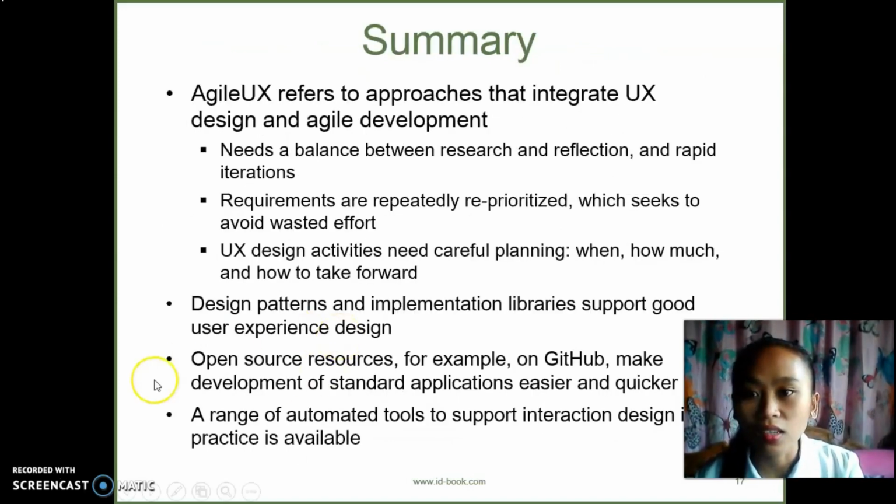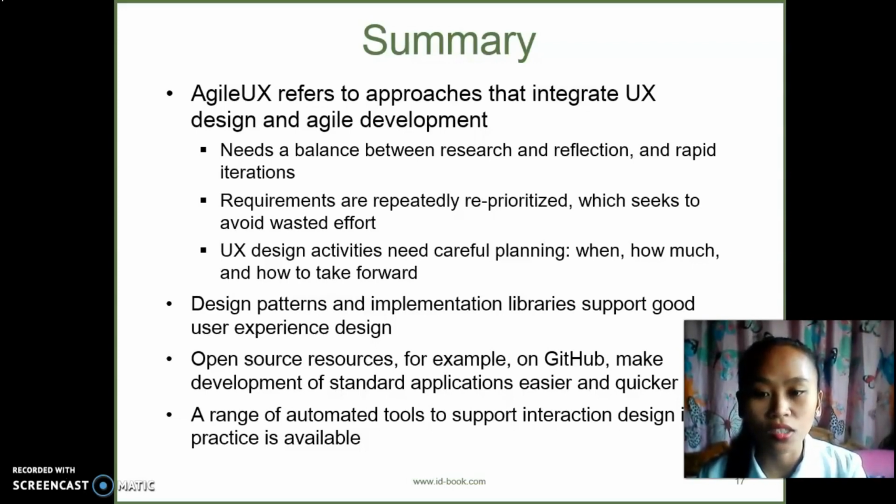Summary: Agile UX refers to approaches that integrate UX design and agile development. It needs a balance between research and reflection and rapid iterations. Requirements are repeatedly prioritized, which seeks to avoid wasted effort.